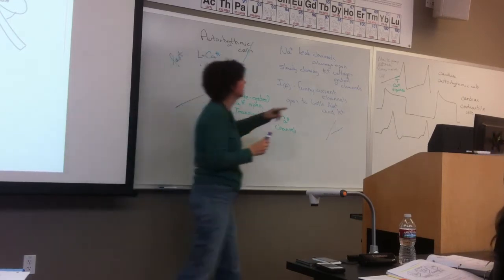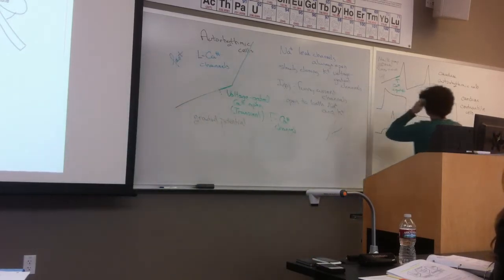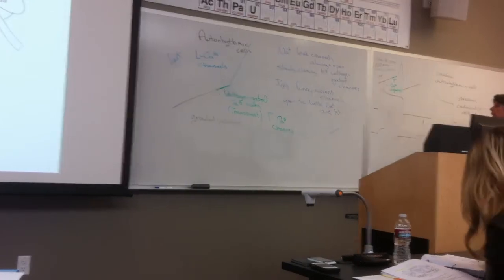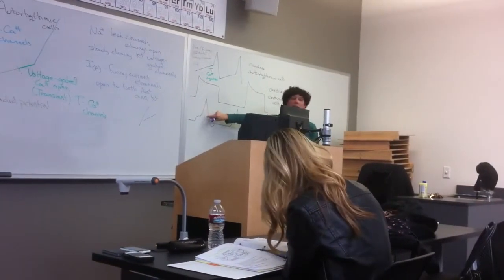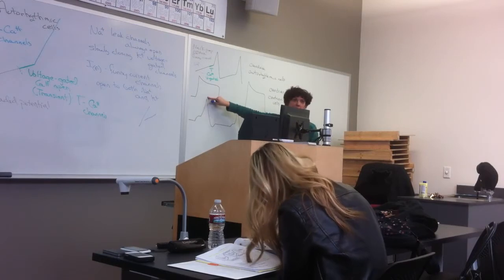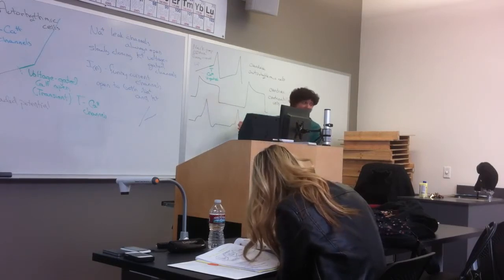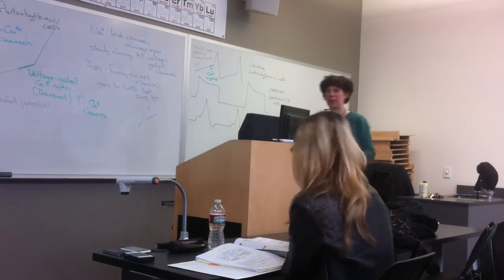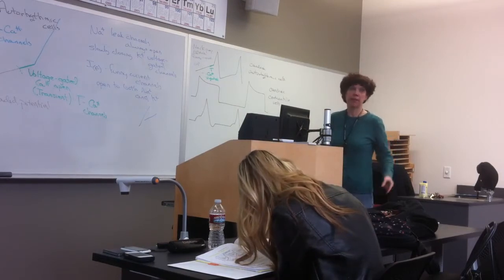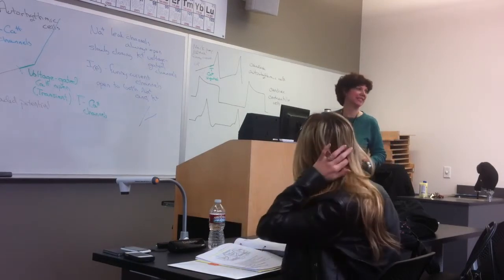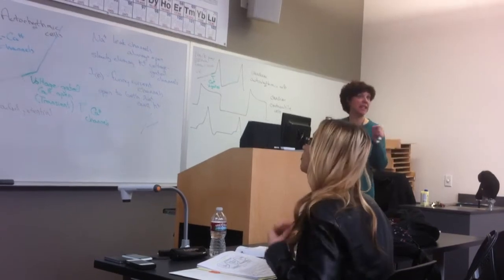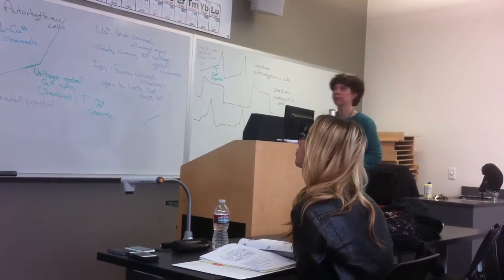So unlike our cardiac muscle, and unlike our skeletal muscle, this depolarization of the action potential is due to calcium, not to sodium. So calcium becomes more important in the heart than it is in skeletal muscle tissue.